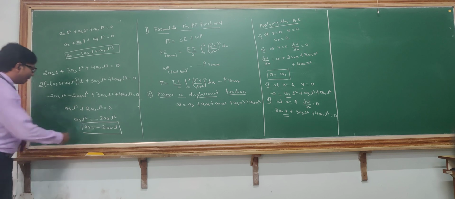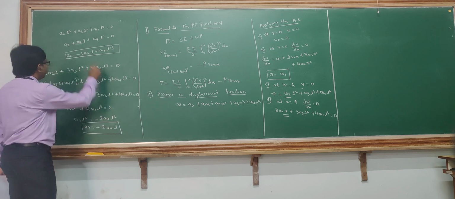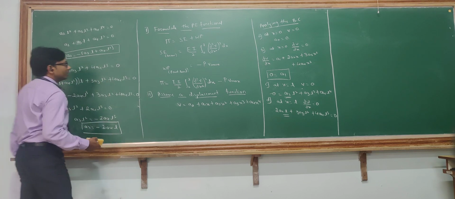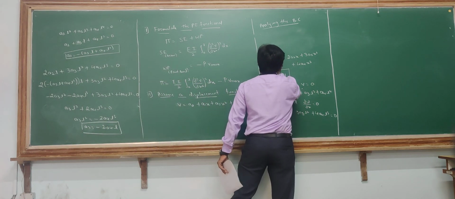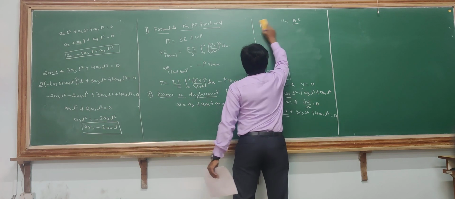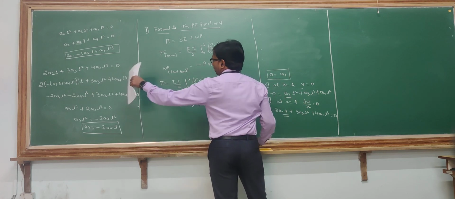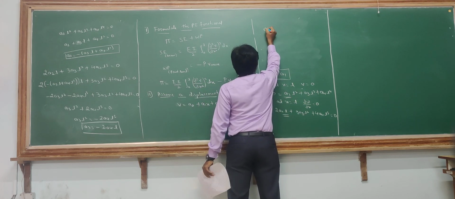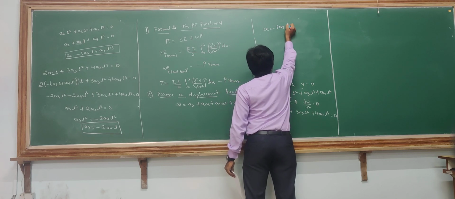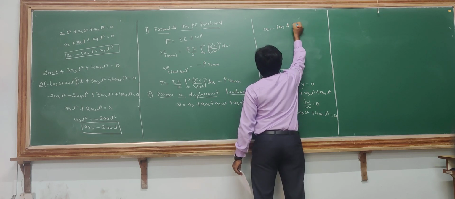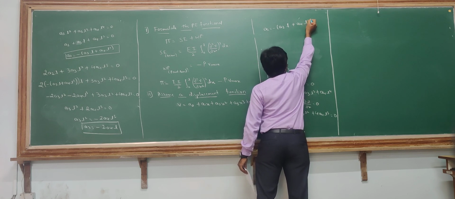So next I will be applying A3 to A2. I will be just substituting the values here. So what I will get? If you see here, A2 is nothing but minus of A3L plus A4L square.